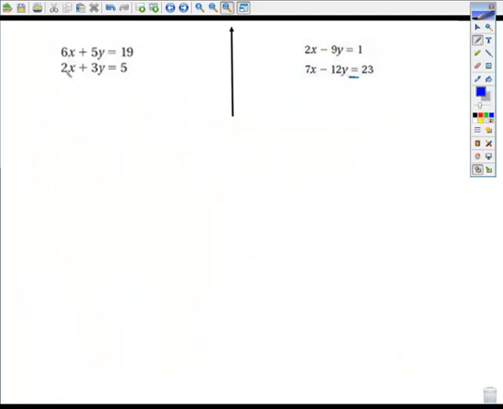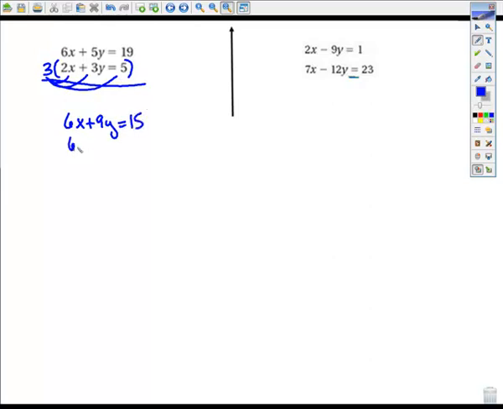So here I look at 6x and 2x, 5y and 3y. 6 is a multiple of 2, so I'm going to go ahead and eliminate the x's. 6, in order to turn it into a 2, I can multiply by a 3. So again, I'll distribute, and I end up with a 6x plus 9y equals 15.